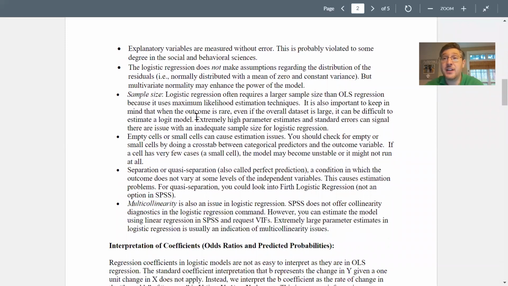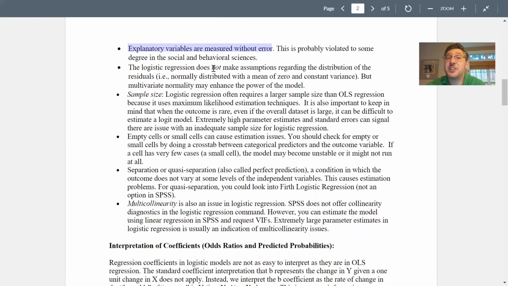Just like in OLS regression, we assume that our independent variables are measured without error. This is probably violated to some extent, especially in the behavioral and social sciences, where we don't have perfect measures of all of our predictor variables.